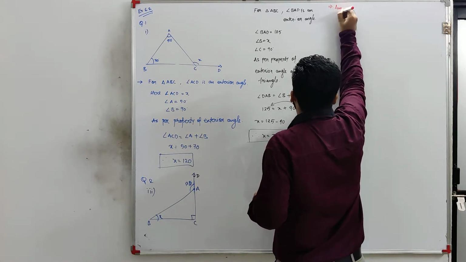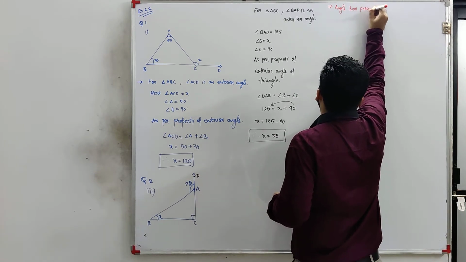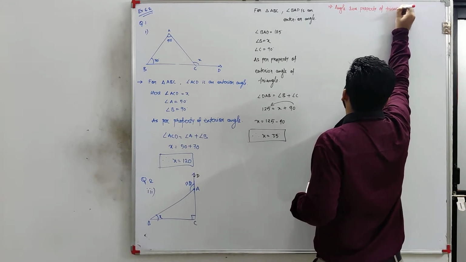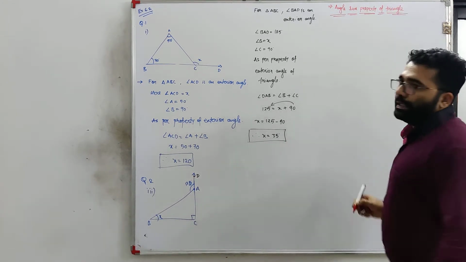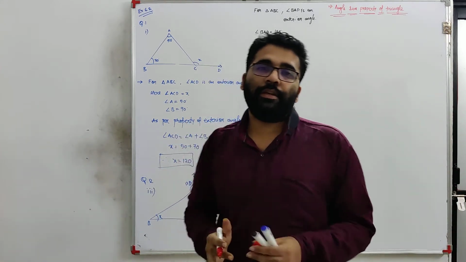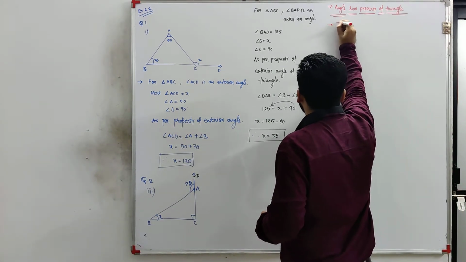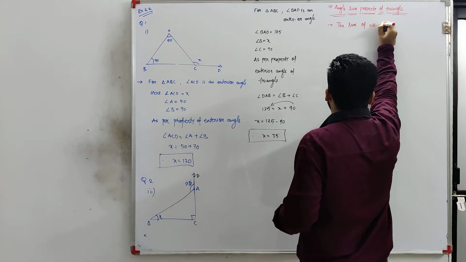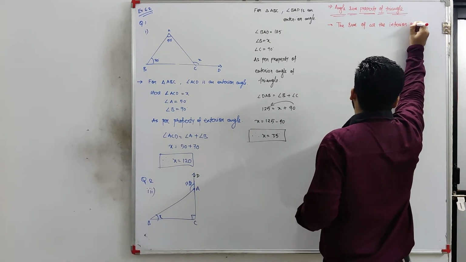Angle sum property of the triangle says that the sum of all the angles of the triangle, all the interior angles of the triangle, is always 180 degree.